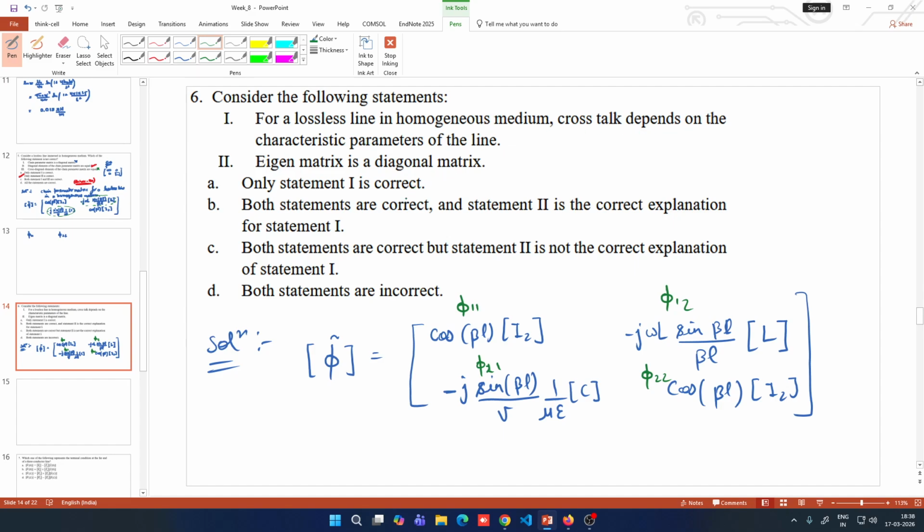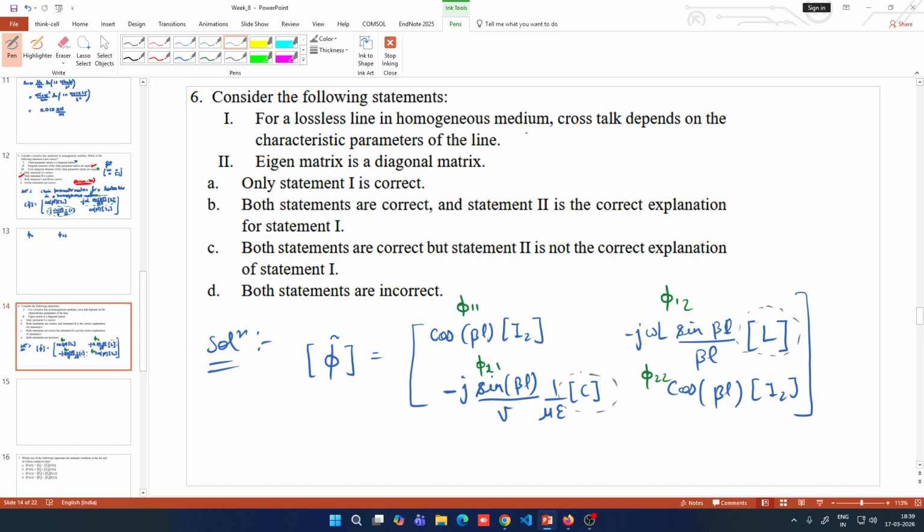So now statement 1 says that for a lossless line in homogeneous medium, crosstalk depends on the characteristic parameters of the line. So here we can see that they are depending upon these parameters, right? L and C. Here this L and C are per unit length inductance and per unit length capacitance, and so statement 1 is true.